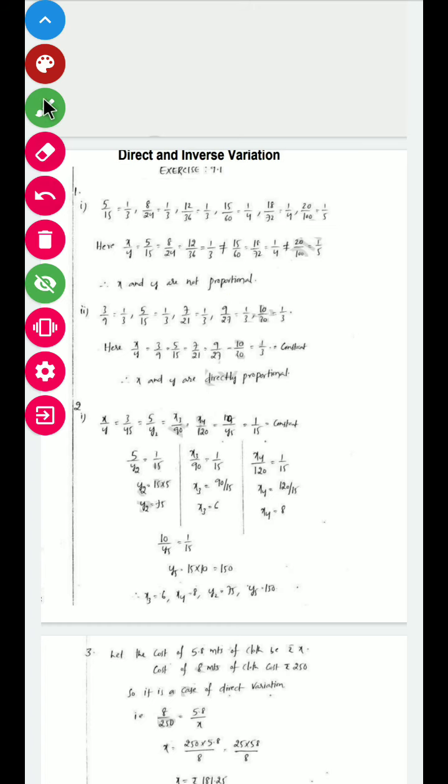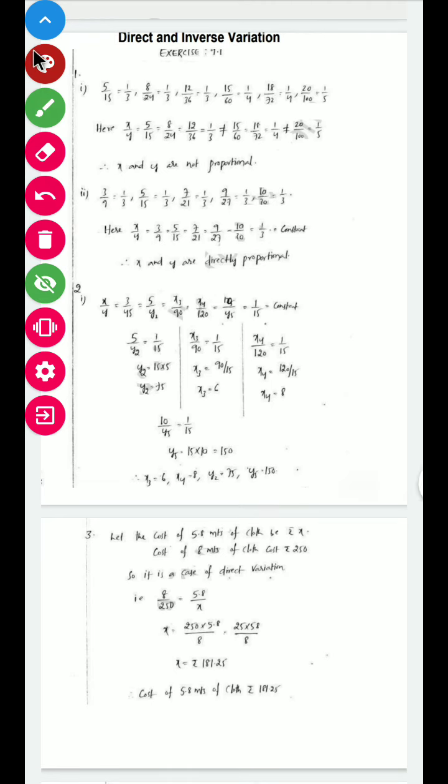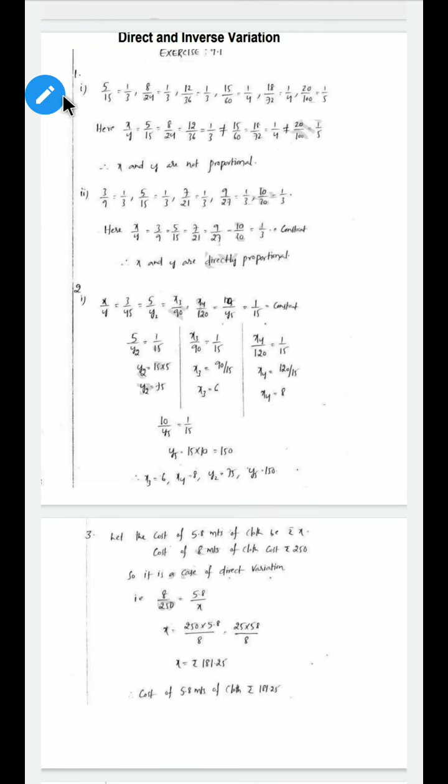Now go to the next one, question number 2. If x and y are in direct variation, complete the following table. That means one table is given here like this.